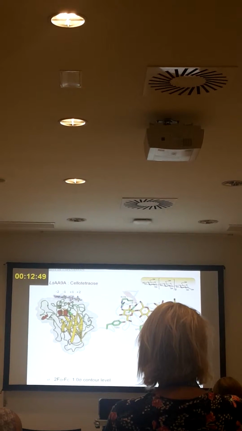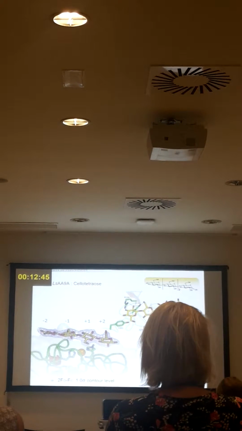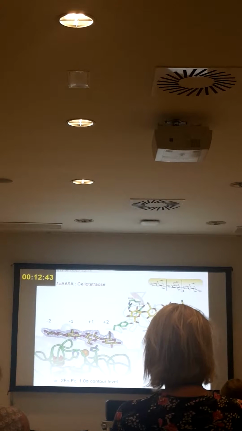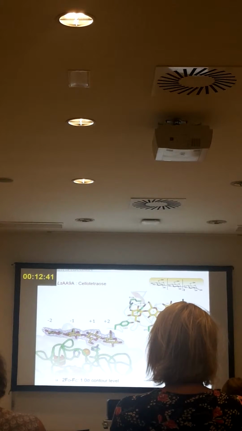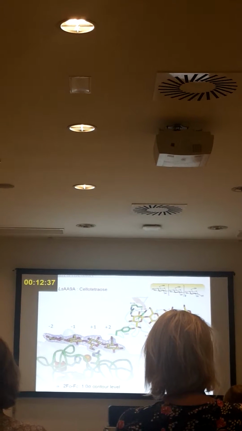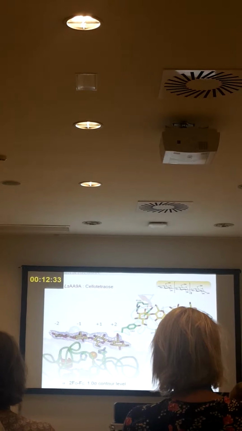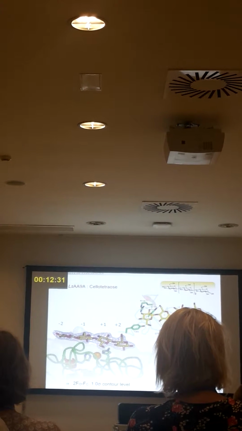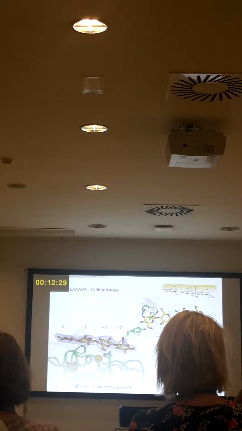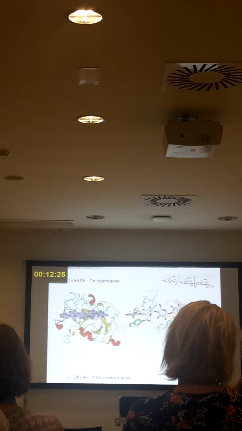You see the substrate is positioned nicely into the electron density from the -2 to +2 subsites. We were able to identify various hydrogen bonding at the active site surface, and sort of give us a good foundation to study the interactions.